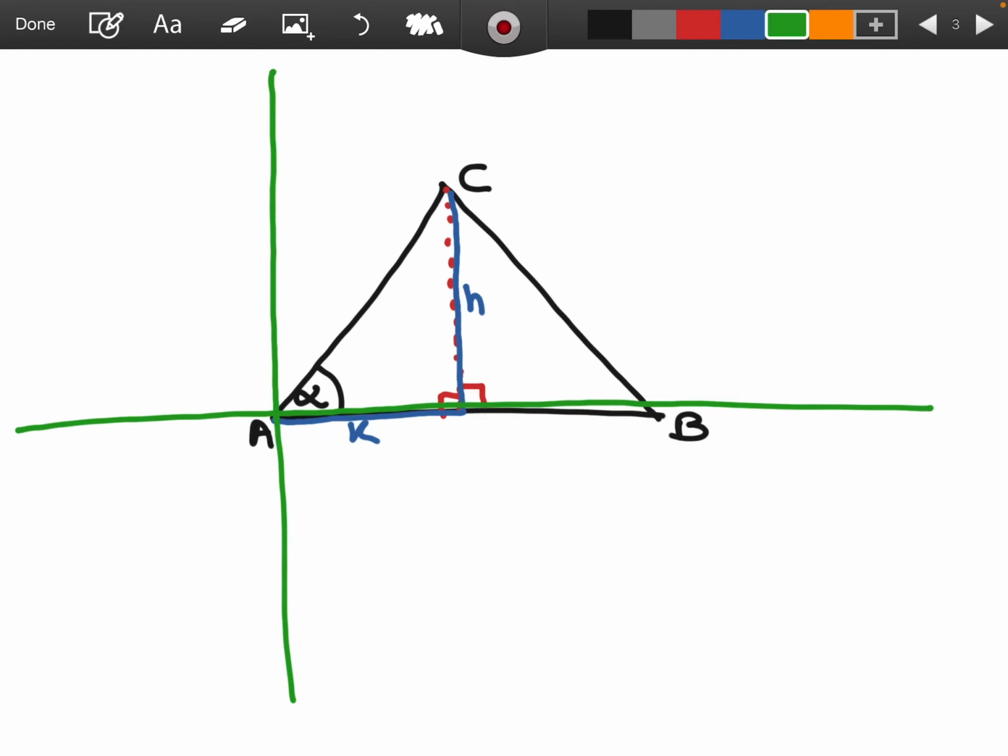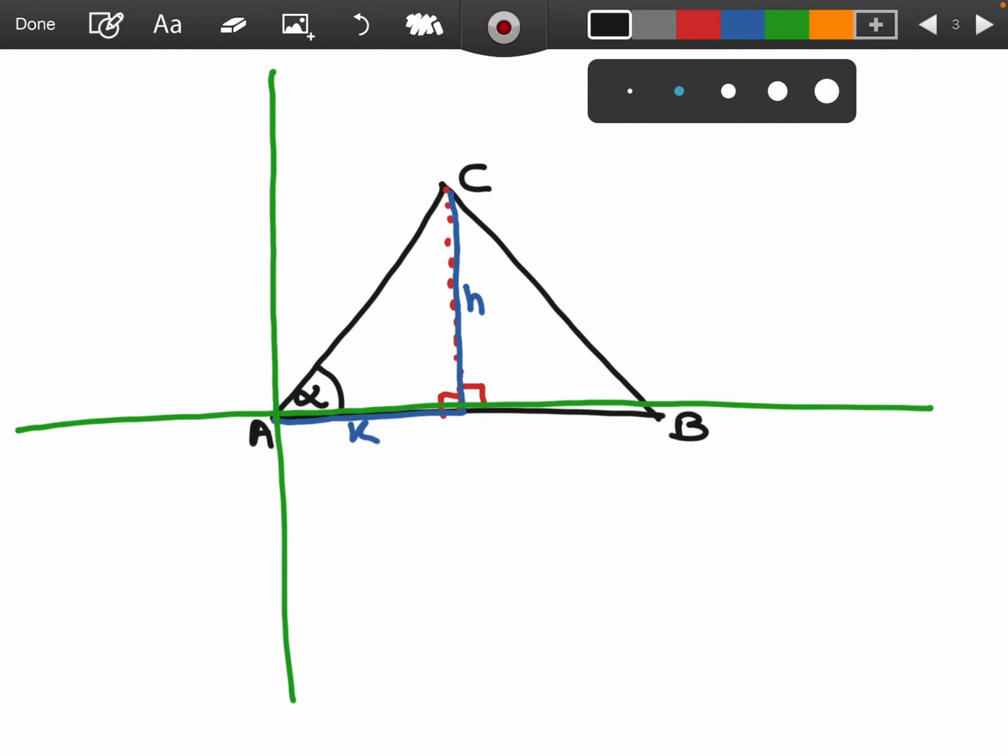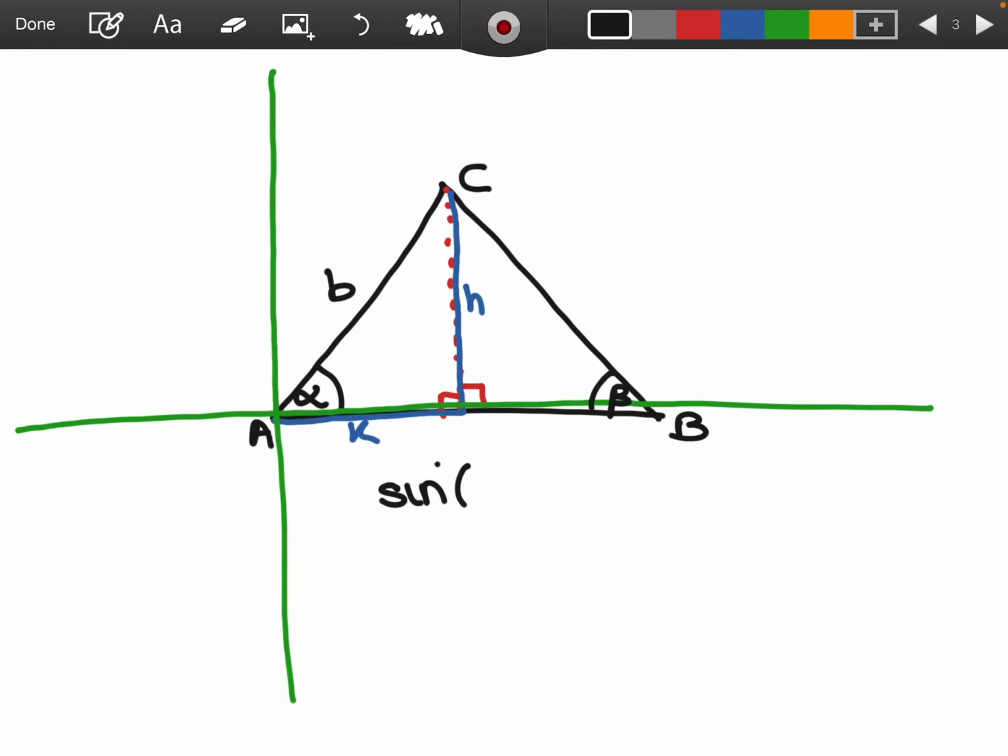What can I determine from this? Well, the first thing that I can determine is sine of alpha and cosine of alpha. I can look at this in terms of h and k, and since side b is opposite the vertex B, or the angle beta, I know this side must have length b. So sine of alpha is always equal to opposite divided by the hypotenuse, which is h over b.